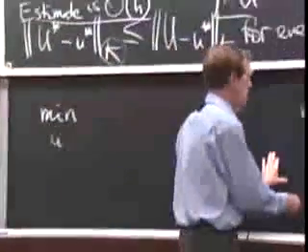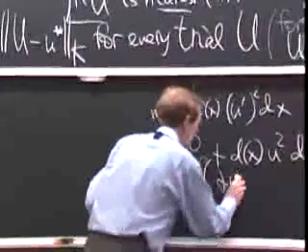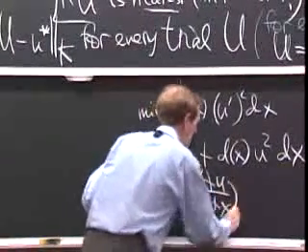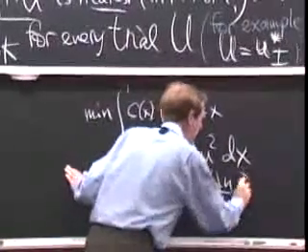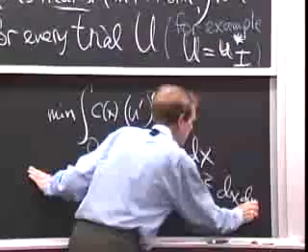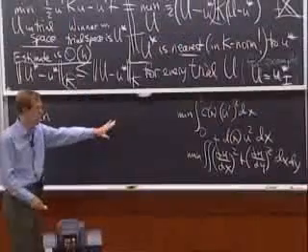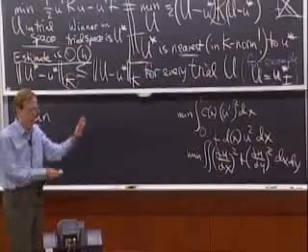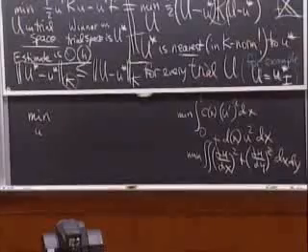For Laplace, we had a minimum of du dx squared and du dy squared, dx dy. Well, and we had the linear term too. I've just written the left-hand side, the quadratic term.